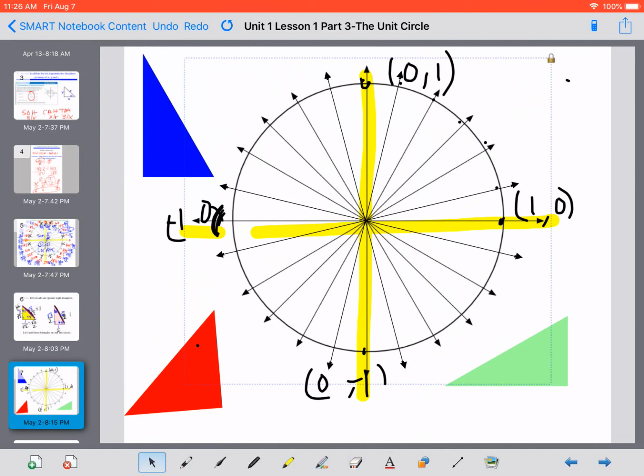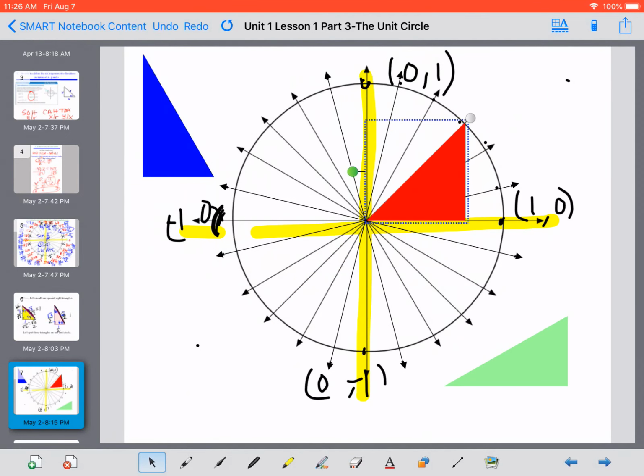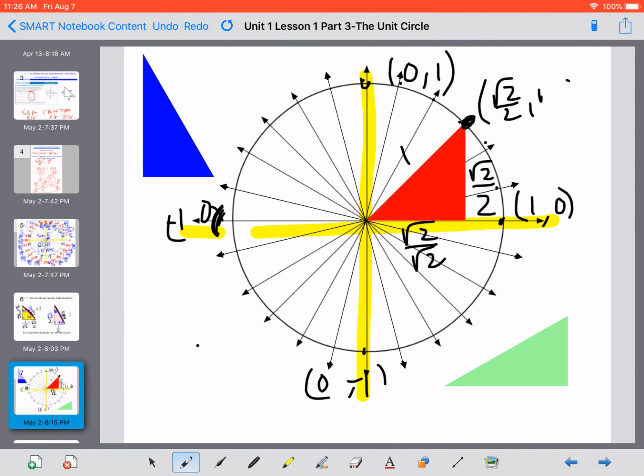Now let's talk about what the coordinates are for a 45, 45, 90 triangle. All right, so there's my triangle. It's 45, 45, 90. And we just learned from our previous slide that the sides are each root 2 over 2, where the radius is 1. So in a 45, 45, 90 triangle at pi over 4, the coordinate there is root 2 over 2.